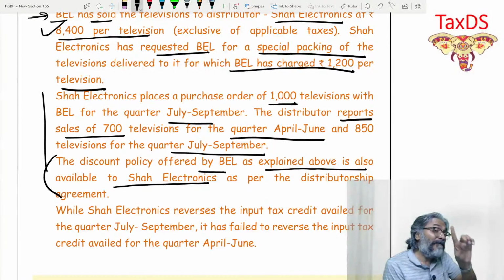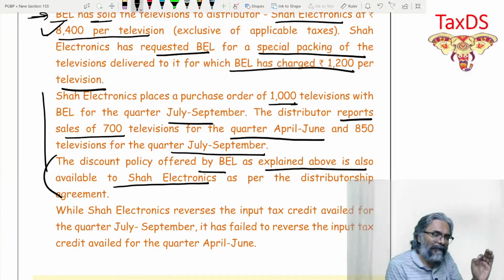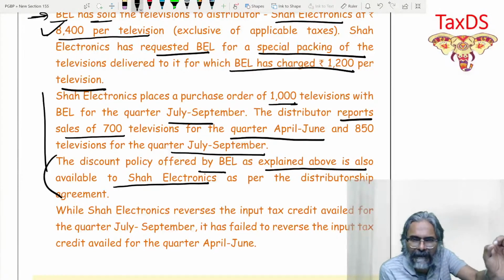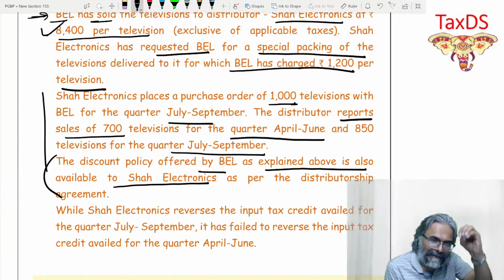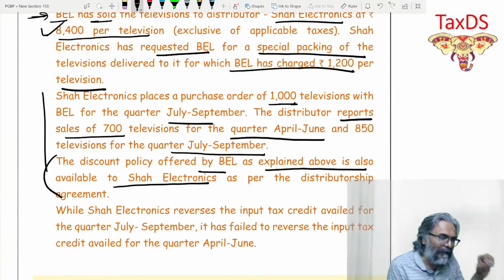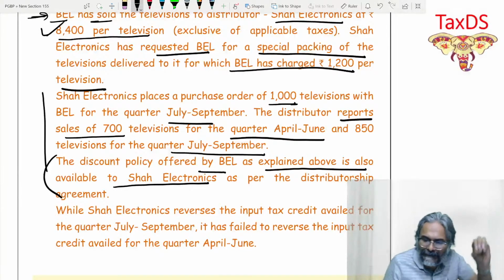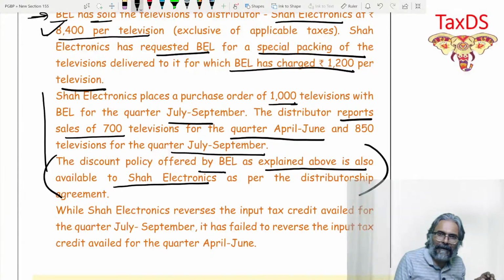Just remember 15(3)(b), the first condition is: established in terms of the agreement. Is it established in terms of the agreement entered at the time of supply? This is established. This discount is established in terms of the agreement at the time of supply. That's the relevance of this statement.